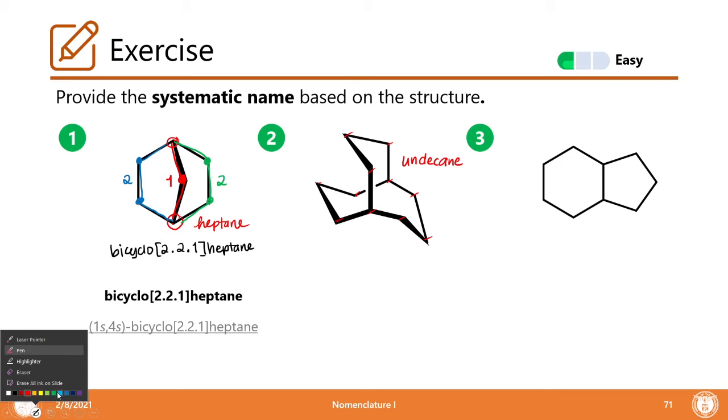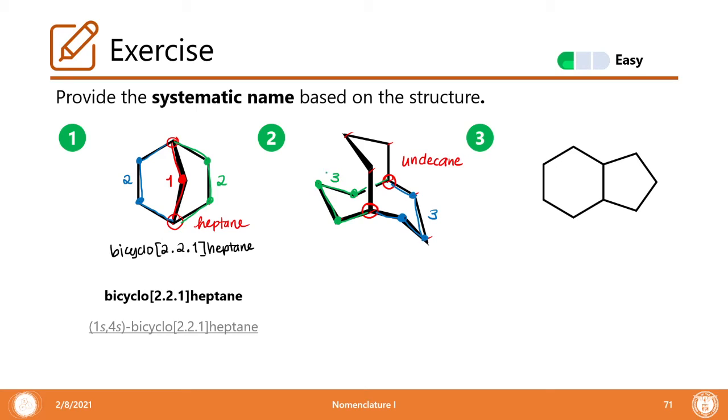And then let's look at the number of carbons in each path. Let's determine the bridgeheads first. These are the bridgeheads. 1, 2, 3.